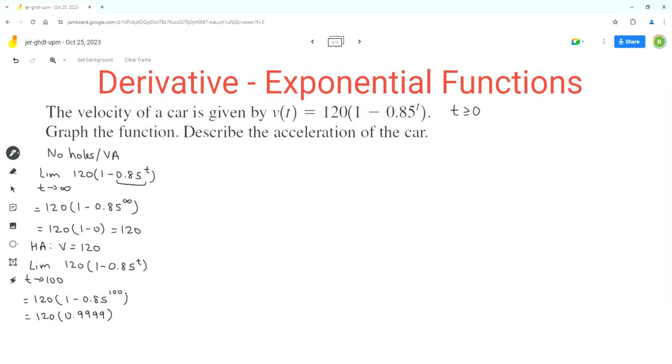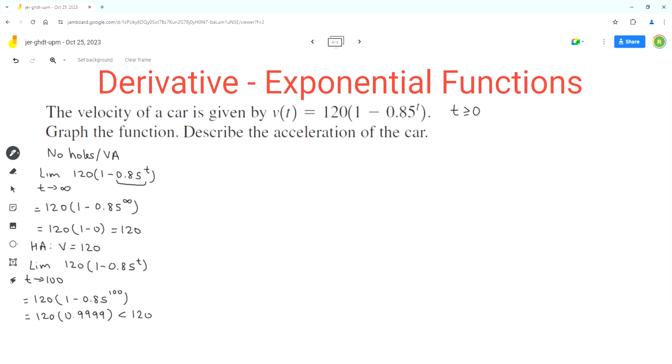And this value, 120 times 0.999, will give us a value that's less than 120. Now we want to analyze this value with respect to 120 because the horizontal asymptote exists at 120.